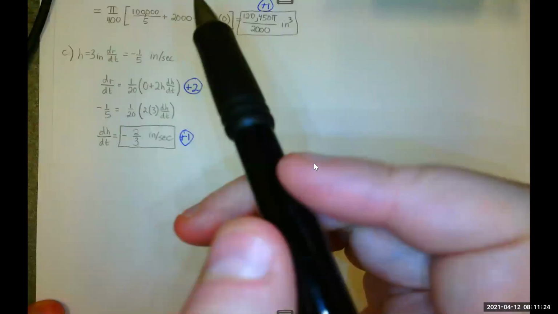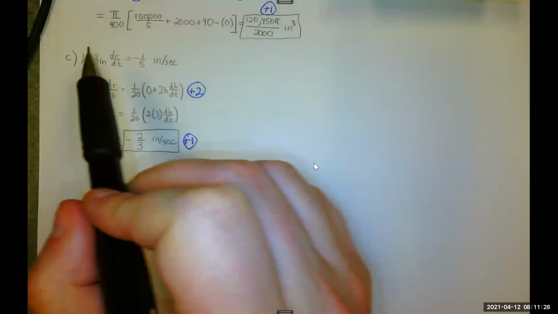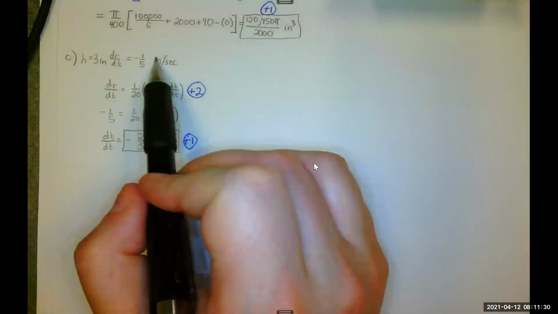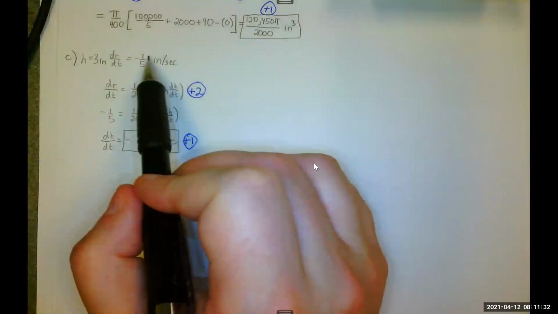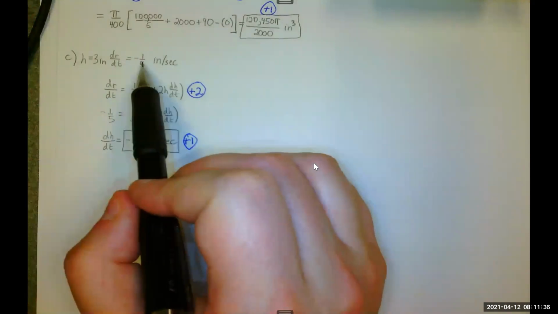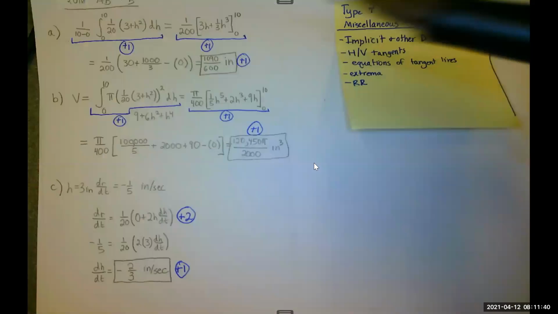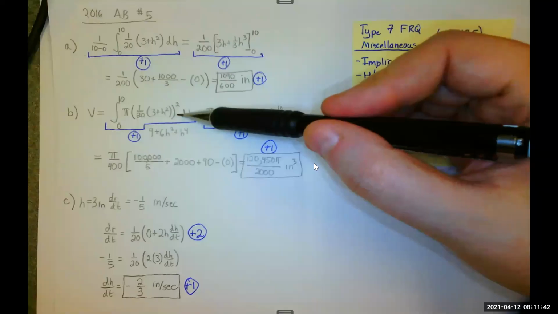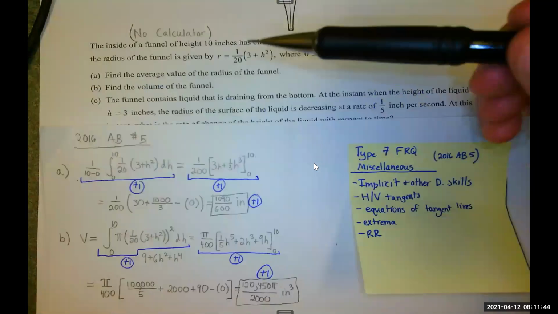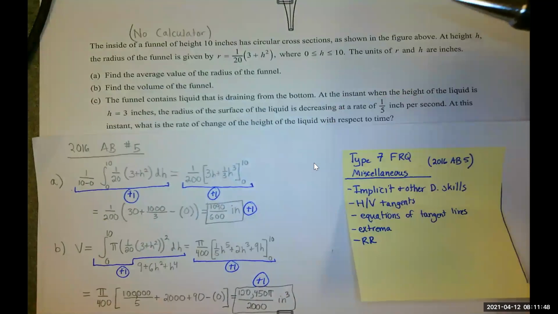for my process, I just wrote out that the height was 3 inches. dr/dt is negative because the radius is decreasing when water's draining out. So I thought about the equations that I have. I've got an area equation that I came up with. I've got the radius equation. I've got a volume that I could have taken the derivative of.